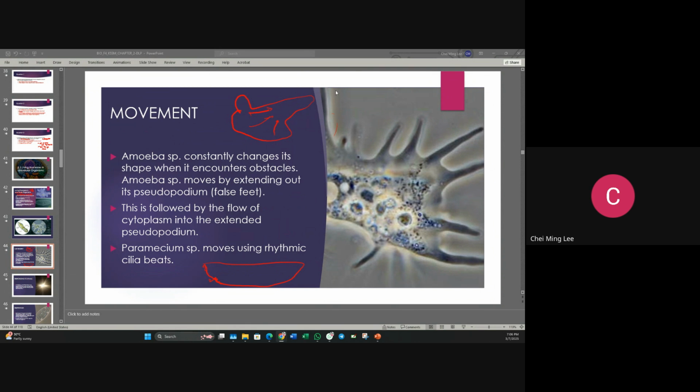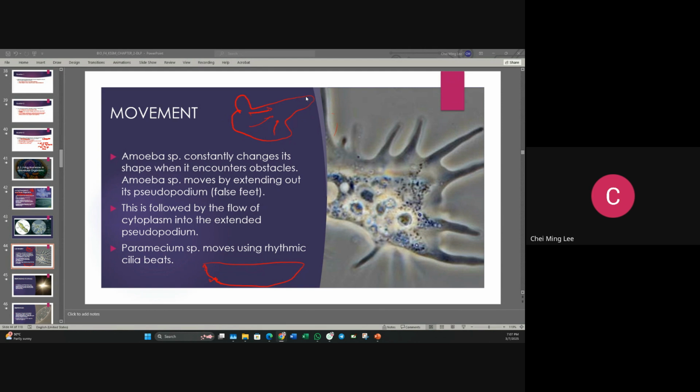It's like it gives itself pressure to push the cytoplasm towards one end. This extension is called pseudopodium. Then this is followed by the flow of cytoplasm into the extended pseudopodium. Like I said, it gives pressure and pushes it all to the pseudopodium.